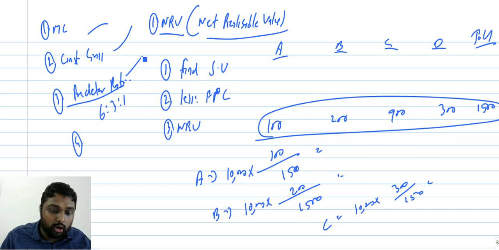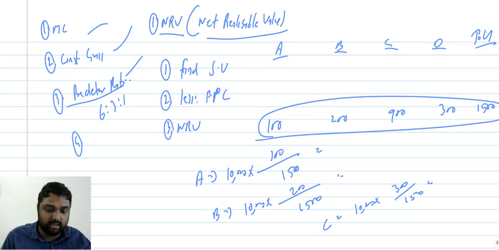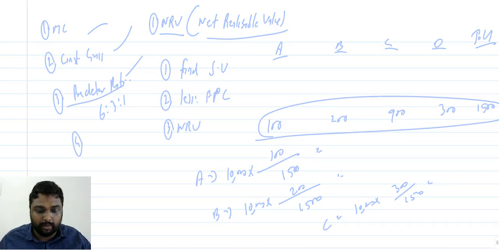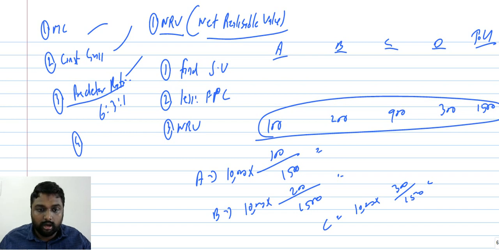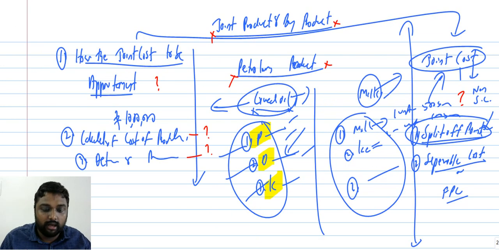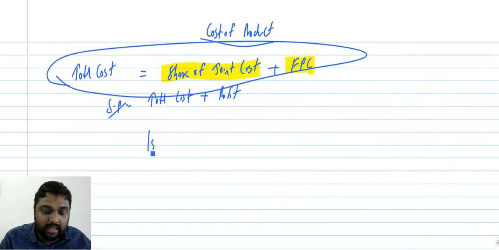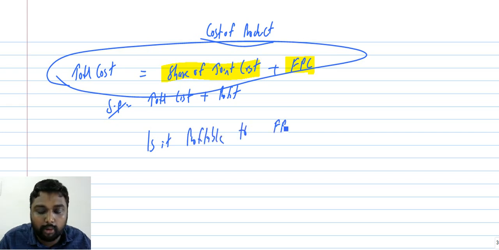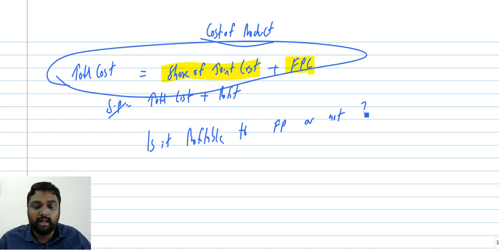For our chapter purpose, we have to discuss one more thing. That is, is it profitable to further process or not? We have to answer one more thing. Is it profitable to further process or not? So all that we will discuss.